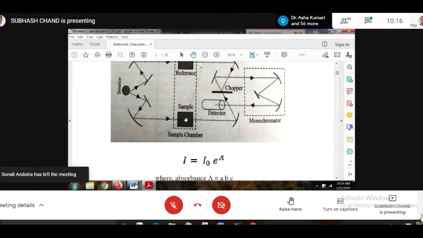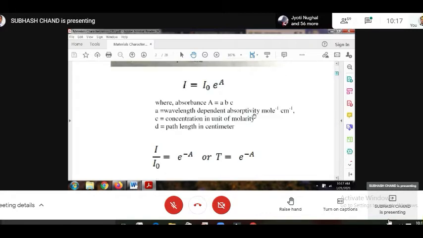There may be species which do not absorb, species which absorb less, and species which absorb more. So it also depends on their absorption capability. That is absorptivity A, concentration C, and path length D.